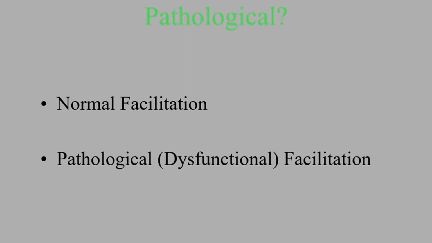If you repeat a movement or a series of movements 2 or 3 times, then the pathway is facilitated somehow and the movement becomes easier to do. This presentation will deal with dysfunctional facilitation, facilitation that's maintained and has nothing to do with the training effect.